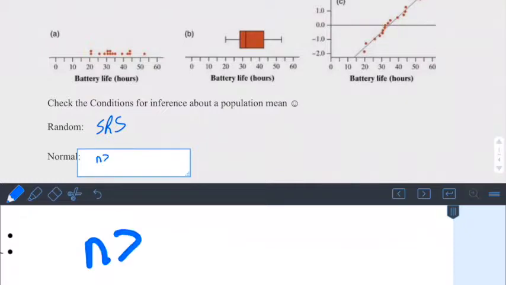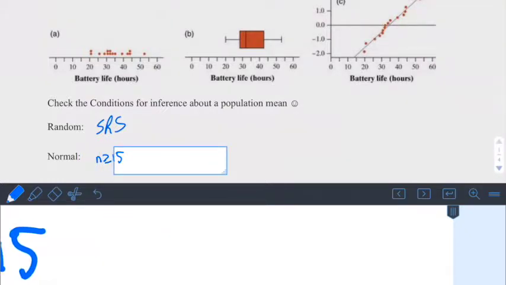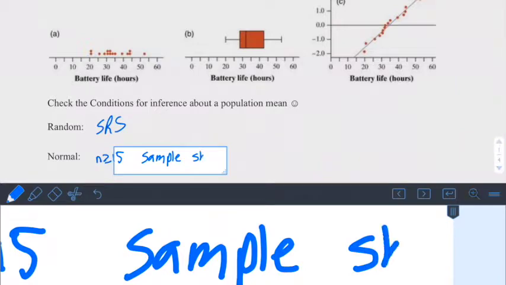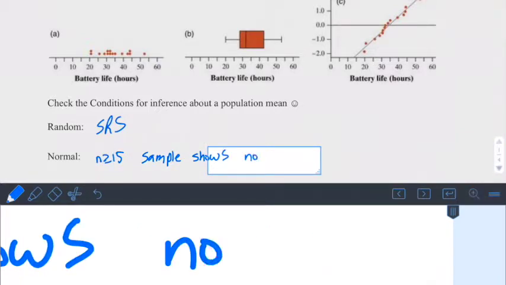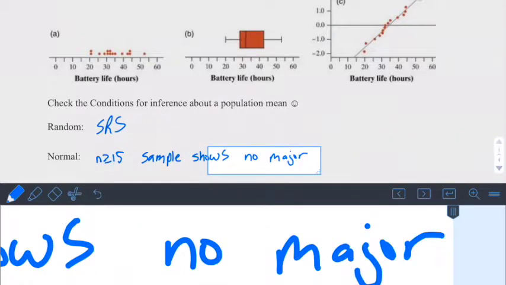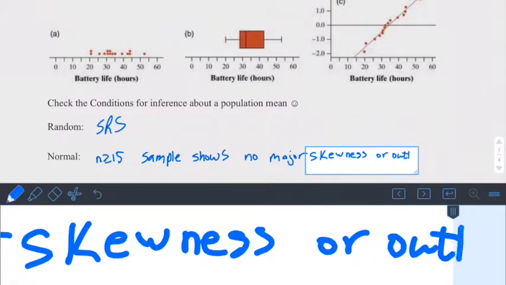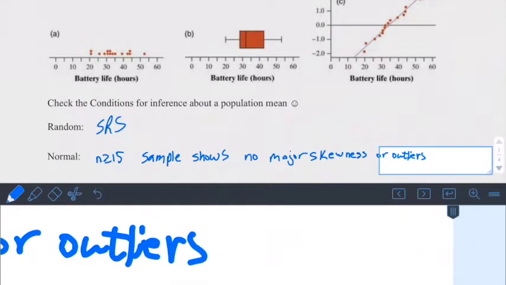However, if n is greater than or equal to 15, we have a new condition where we could say that if the sample shows no skewness or outliers, then we have the normal sampling distribution.